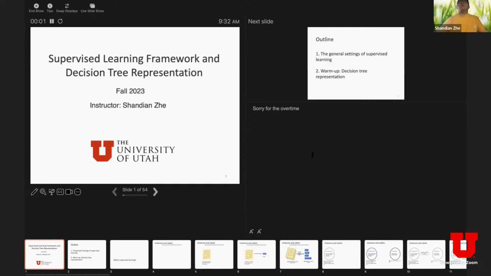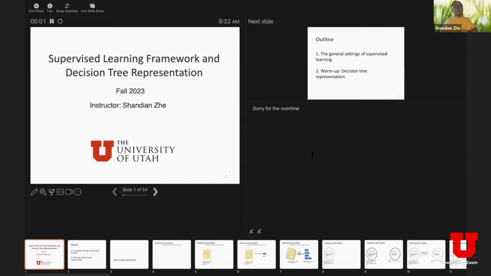What is our hypothesis space? Hypothesis space is the possible functional space over which you want to search. Remember, we just talked about how the learning algorithm is essentially a function search procedure. You want to search for a function that best matches the training data set, and before the search, you need to indicate the search range. That is called hypothesis space.